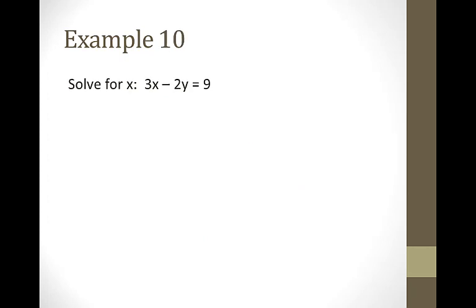Okay, see if you can do this one on your own. You may feel a little more comfortable with this one because it has some numbers in it, but we do have more than just one variable. All right, welcome back. Solve for x. Put a little box around the one I'm solving for. So I've got to move this 2y over. It's being subtracted, so I'll add 2y to both sides.